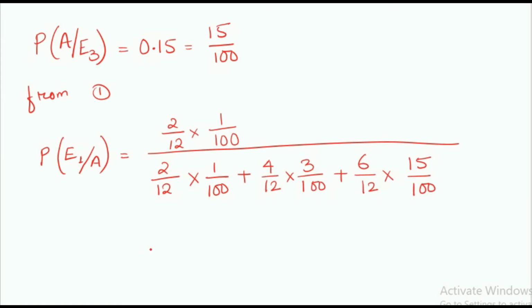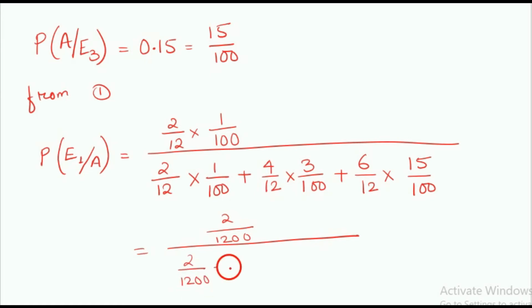Then later you can solve it easily, because I did not cancel. This is 2 by 1200, plus 4 times 3 is 12 by 1200. I am not cancelling because this 1200 and this 1200 after taking LCM will be cancelled. 15 times 6 is 90 by 1200.